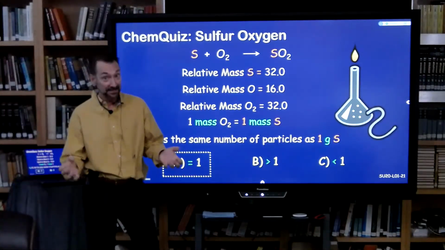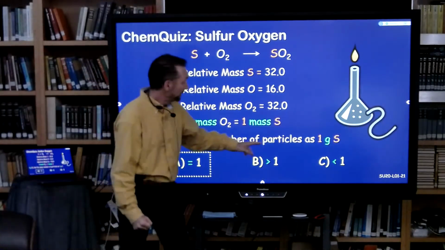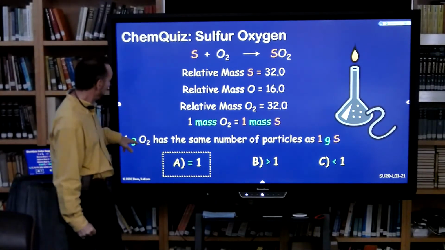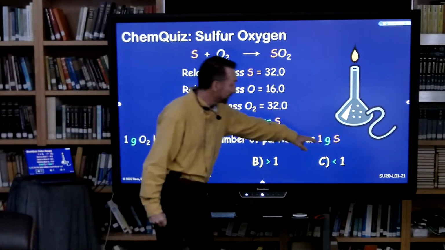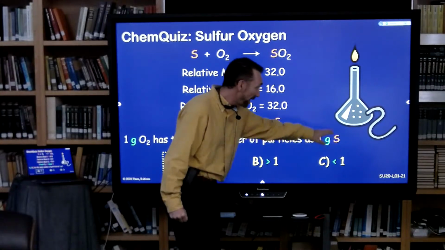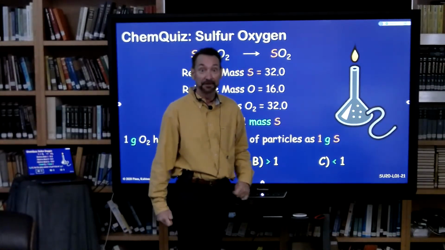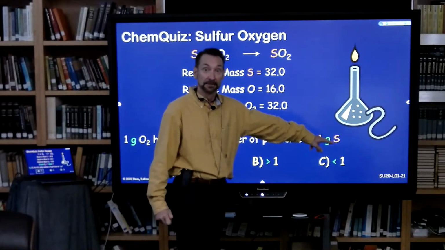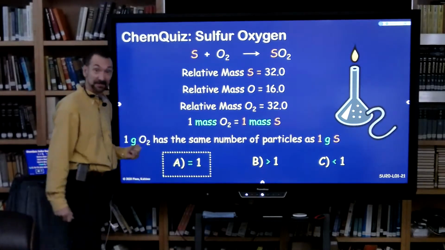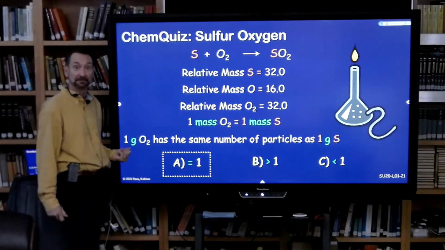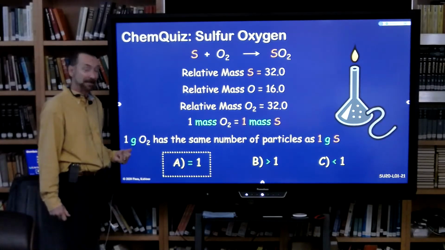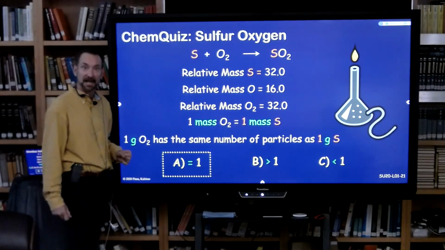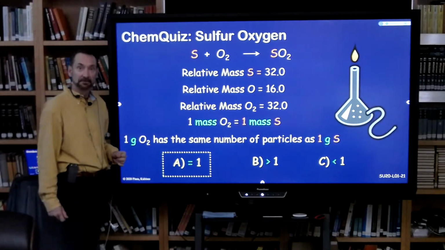Well, in that case, the oxygen would start reacting with half a gram of sulfur. You'd use up that entire half a gram of sulfur. You only have half the number of particles you'd need. You'd use them all. But you'd still have left half a gram of oxygen, those half the particles left over.